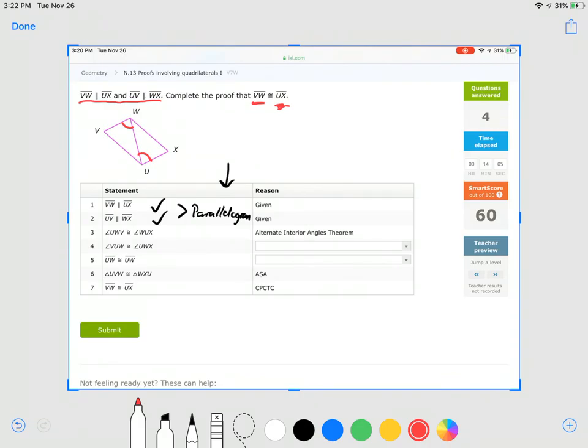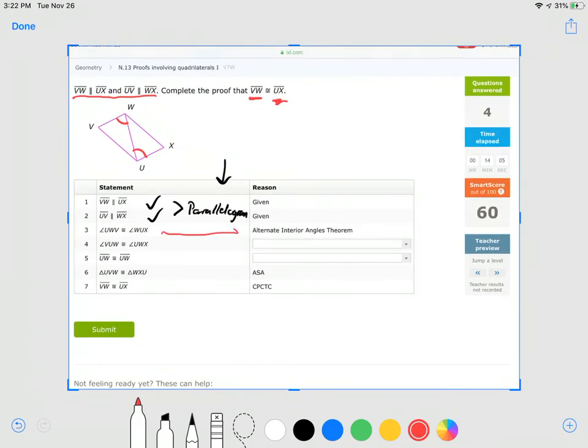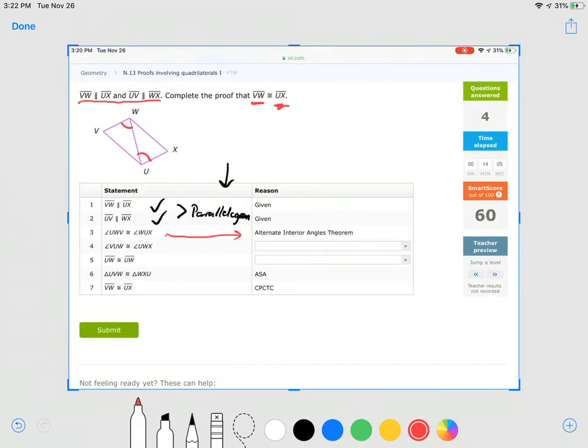What's the reason for that? The reason they say is alternate interior angles. That makes sense because they told us that this line was parallel to this line, and then this is a transversal. And those are alternate interior angles, so they have to be congruent to each other.